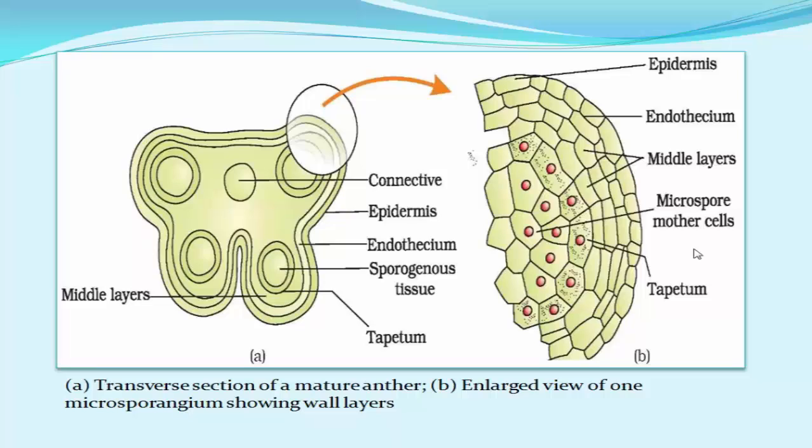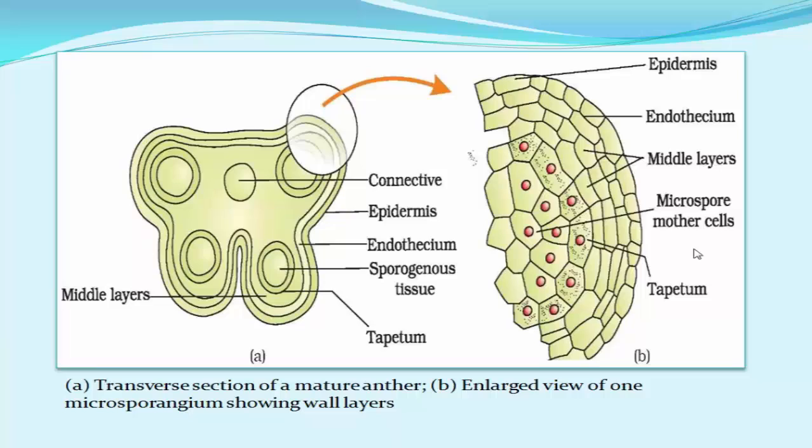Meiosis 1 produces a dyad. The 2 cells produced are both haploid because meiosis 1 is the reductional division. In meiosis 2, both the cells once again undergo division and give rise to the formation of 4 haploid cells. The structure is called a pollen tetrad.